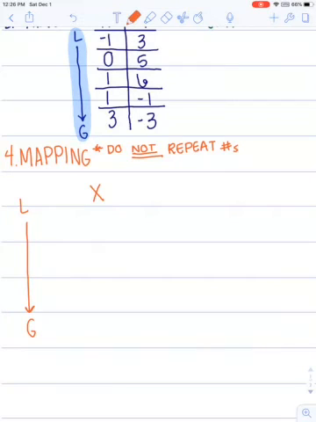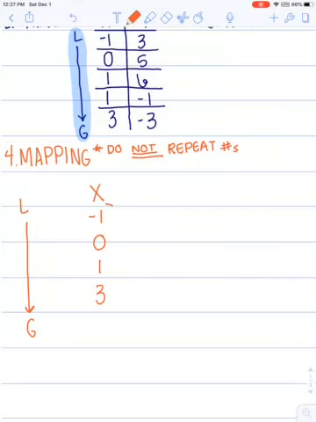So my x values then, least to greatest, would be -1, 0, 1, and then 3. If you notice, I didn't include that second x value of 1 because I do not repeat numbers for mapping.